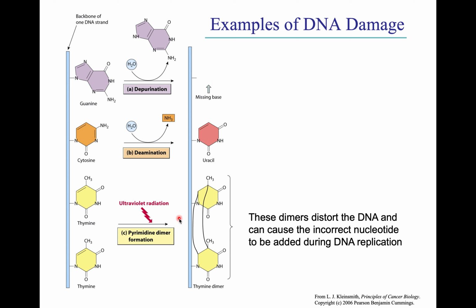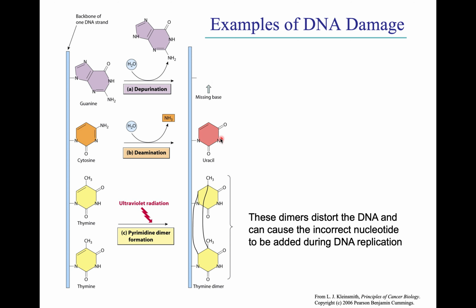And of course, there's lots of different types of DNA damage that can occur. You could have single point mutations. You could have depurination or deamination. Depurination is where you're actually removing a purine base. You have a base missing. Deamination, you're removing an amino group. Can do interesting things like convert cytosine into uracil. Of course, you don't usually find uracil in DNA.